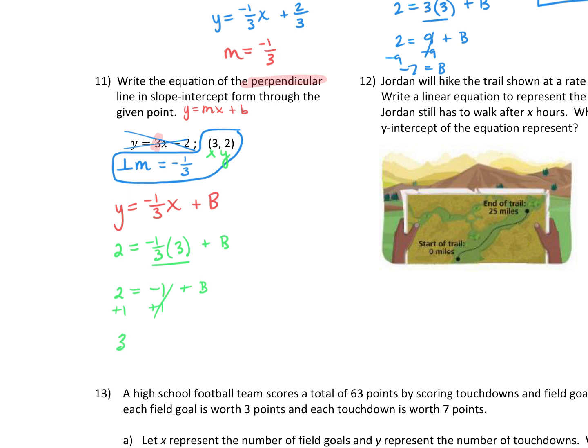So we know that our y-intercept is 3. So we can write our equation right here. Now we know the rest of it. y equals that negative 1/3 x, and then our b was a positive 3, which is where we're crossing the y-axis. y equals negative 1/3 x plus 3.